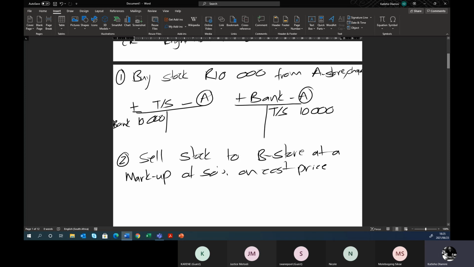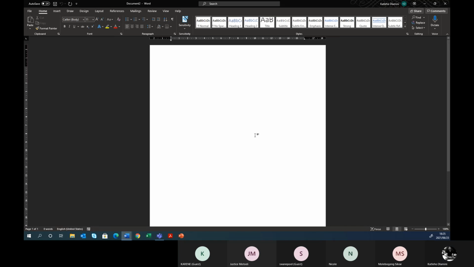So let me open a new Word document because I want to show you something on the side quickly. I don't want to scroll here. When you're dealing with markup, there's two methods of markup. I'm not going to show you the two methods yet.